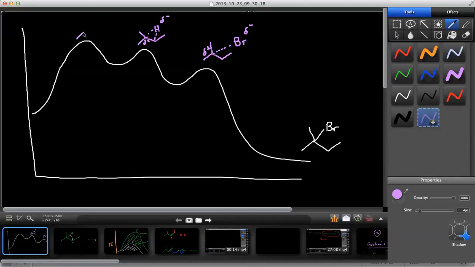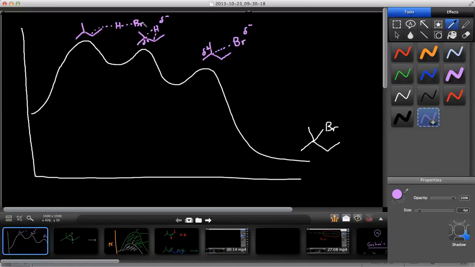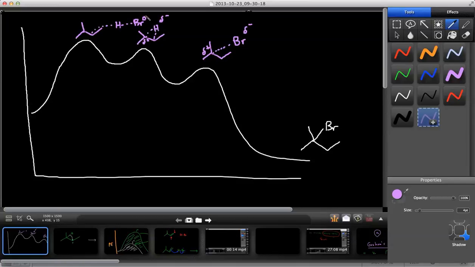And in the first transition state, the pi bond is breaking, the carbon-H bond is being made, the hydrogen-Br bond is breaking. The bromine has a partial negative charge, while the secondary carbon has a partial positive charge. So those are my transition states.